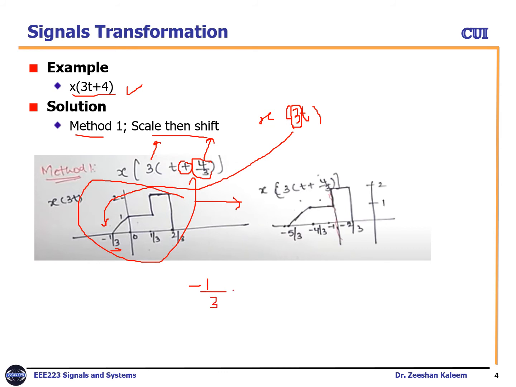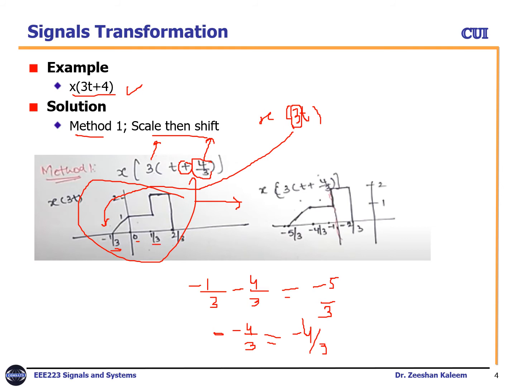So minus 1 by 3 minus 4 by 3 will become minus 5 by 3, right? Similarly, for 0, 0 minus 4 by 3 will become minus 4 by 3.